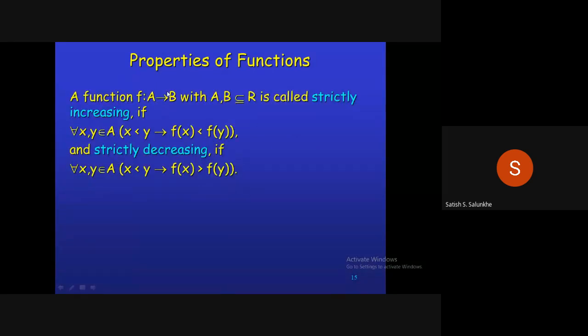A function f from A to B, where A and B are subsets of R, is called strictly increasing if for all x, y belonging to A such that x is less than y, f of x is also less than f of y. And when it is decreasing, when x is less than y, f of x is greater than f of y, it is strictly decreasing. And this is strictly increasing.